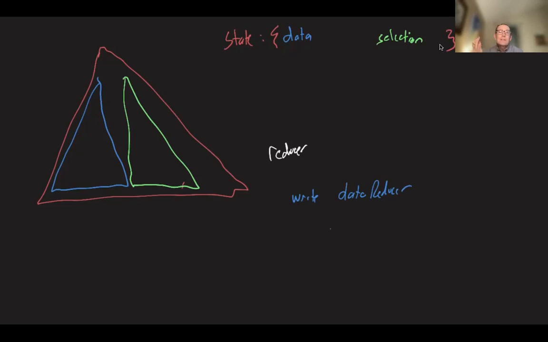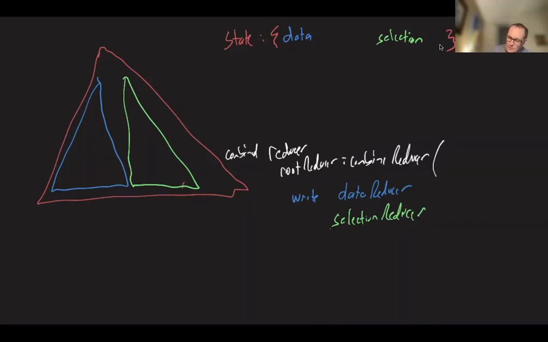Any actions that didn't affect the data part of the state would just return the data part of the state. And then similarly, we would write a selection reducer, and it would be responsible just for updating the things within the selection. And then we could have a combined reducer that combines the data reducer and the selection reducer.